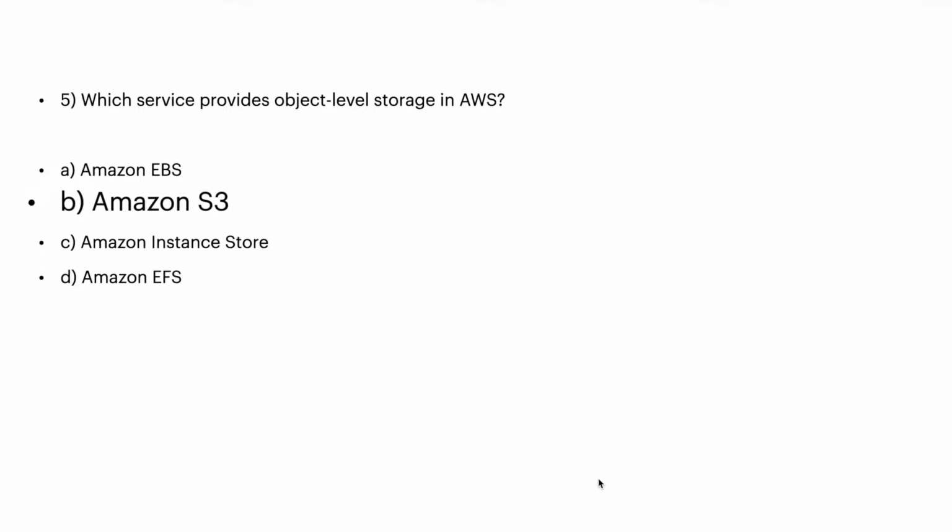However, Amazon EBS is Elastic Block Store that provides block level storage. And Amazon Instance Store is temporary block level storage. EFS is Elastic File System, and it provides shared file storage.